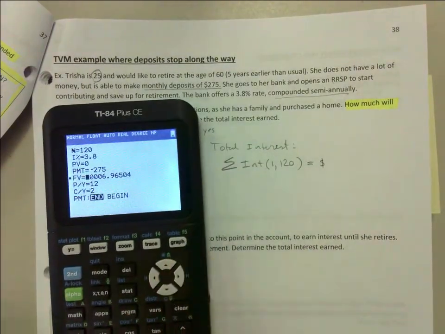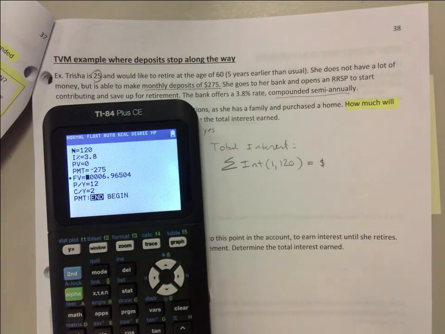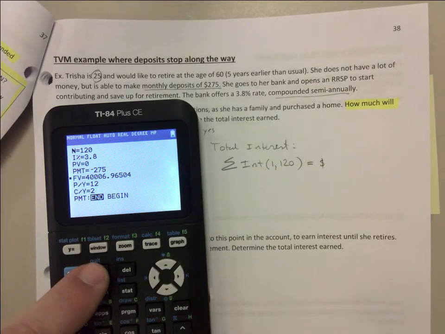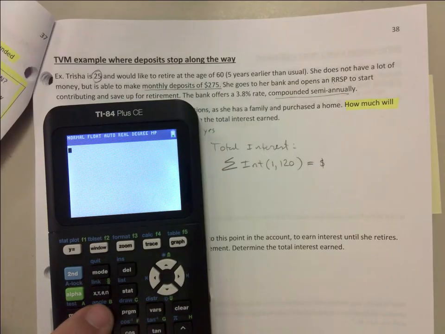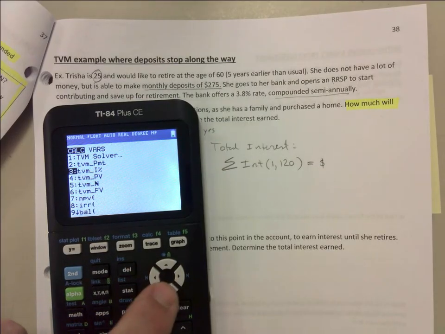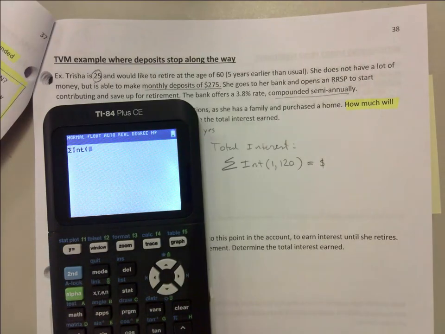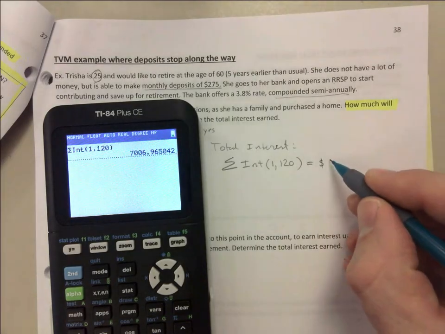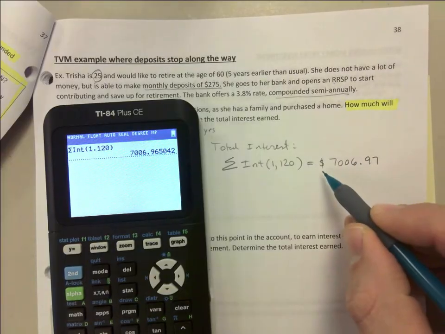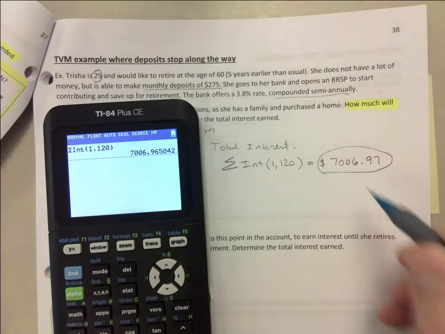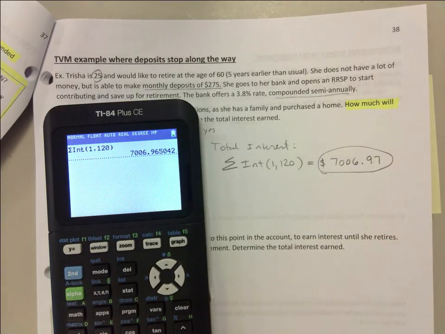Quit TVM, go to your home screen, then Apps, Finance, it's way at the bottom, that one right there, and you feed it 1, 120, and there it is: $7,006.97. This is how much interest you've earned over the entire 10 years.